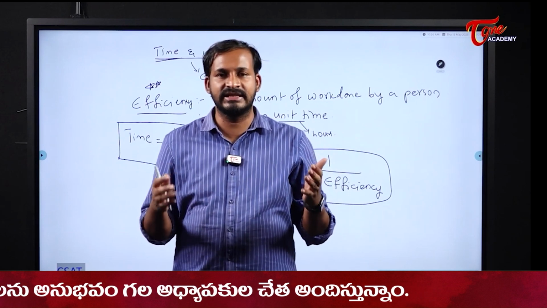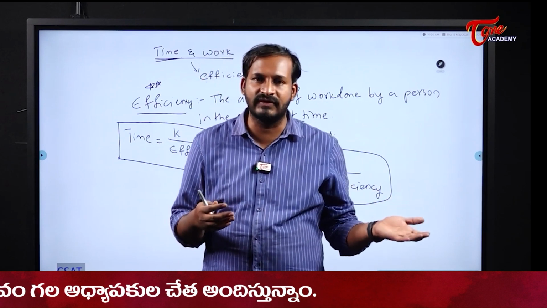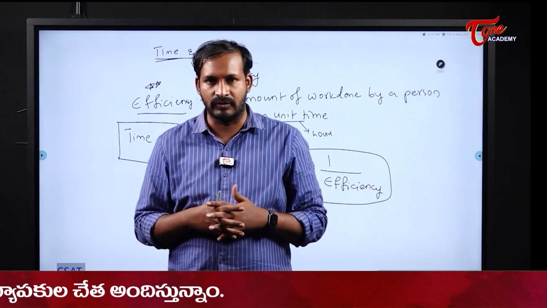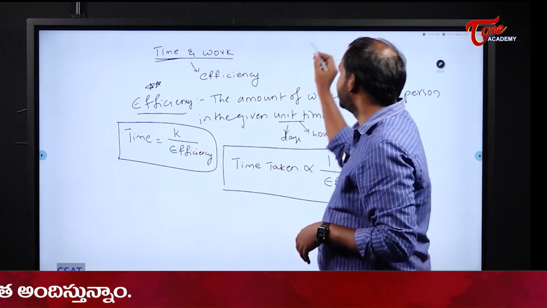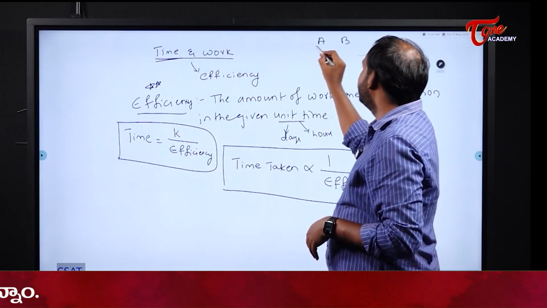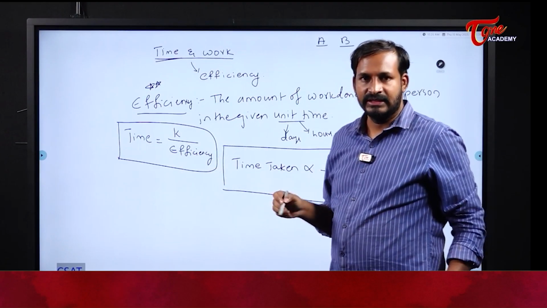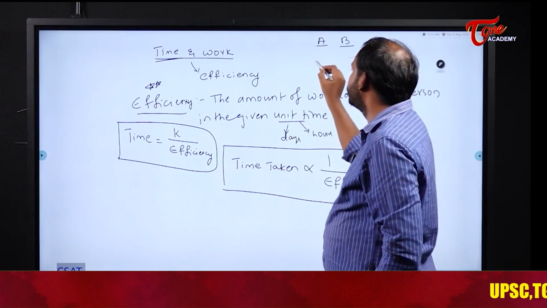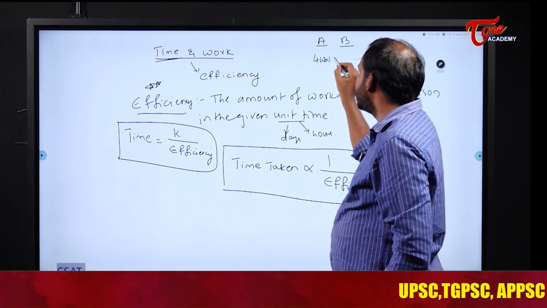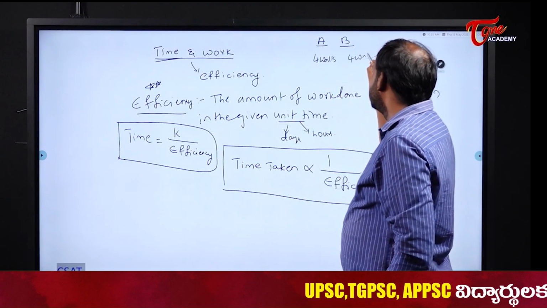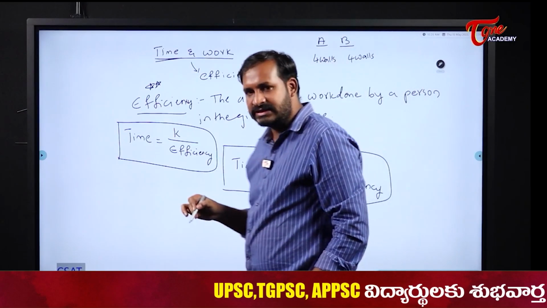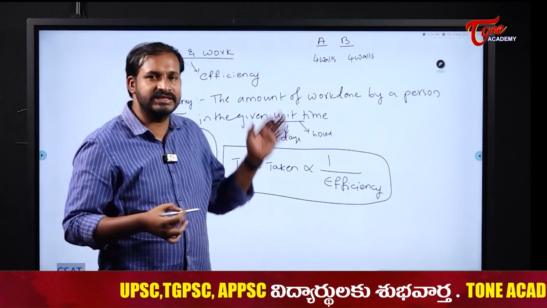Whoever finishes the work first has more efficiency. For example, if there are two persons A and B, I will give them the task of building 4 walls each, and whoever finishes first, I can say his efficiency is more.